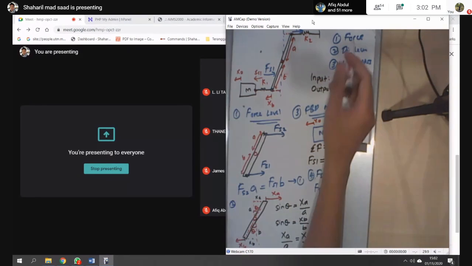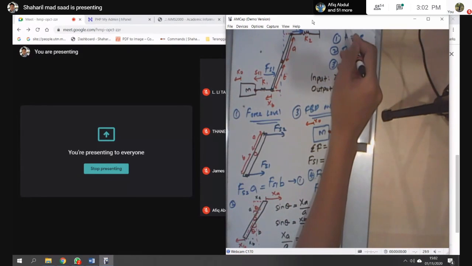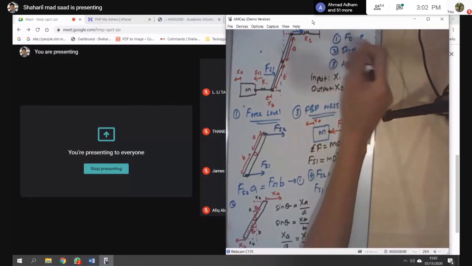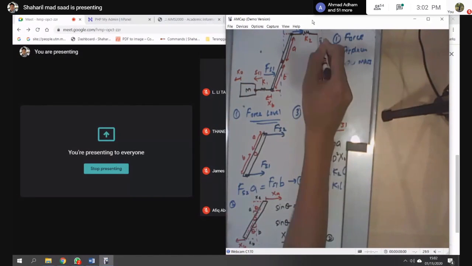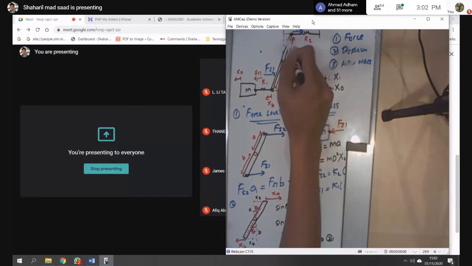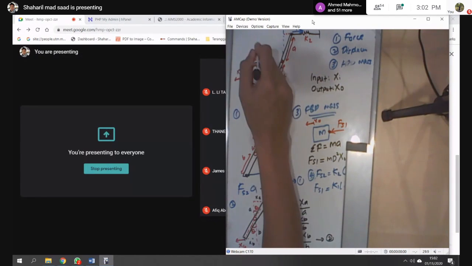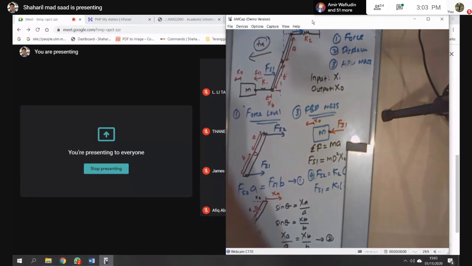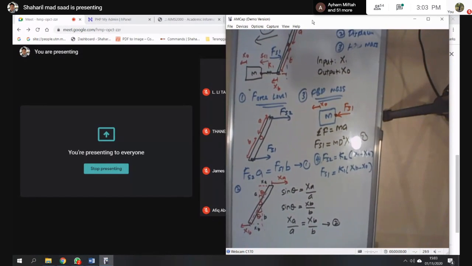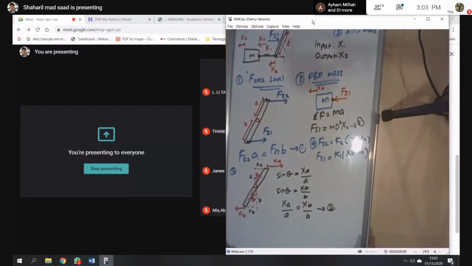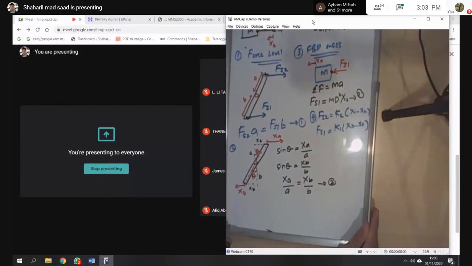So for the first thing, sorry, I just assume that going to this direction is positive, right? But for this spring, it only reacts for this lever. So at this mass, we can take the direction as positive. Okay. All right. Is it clear? Done? Yes, Doctor.